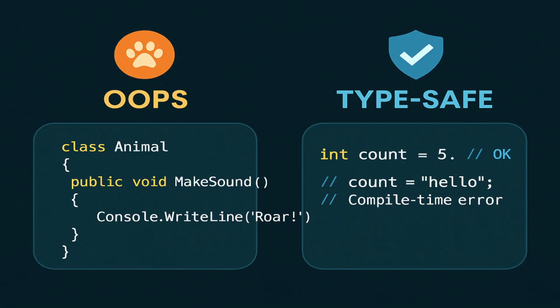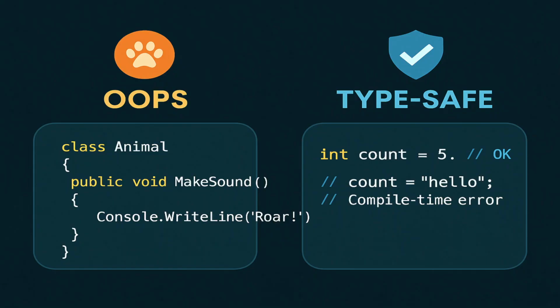Now, what advantage does it provide? It prevents common errors like assigning a string variable to an integer, just like you see in the sample on this screen. So most of these problems get resolved because it is a type safe language.